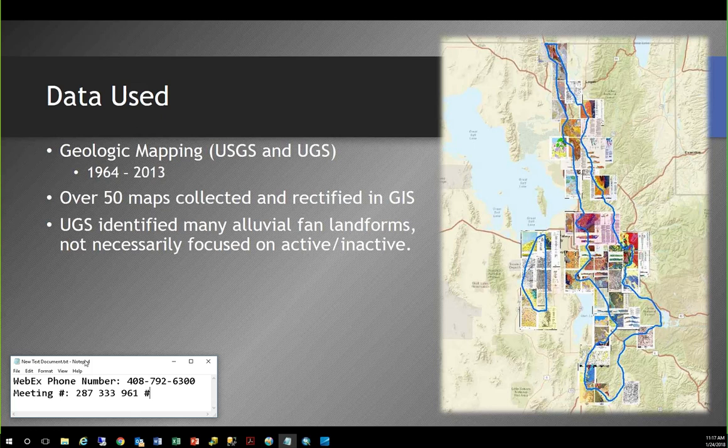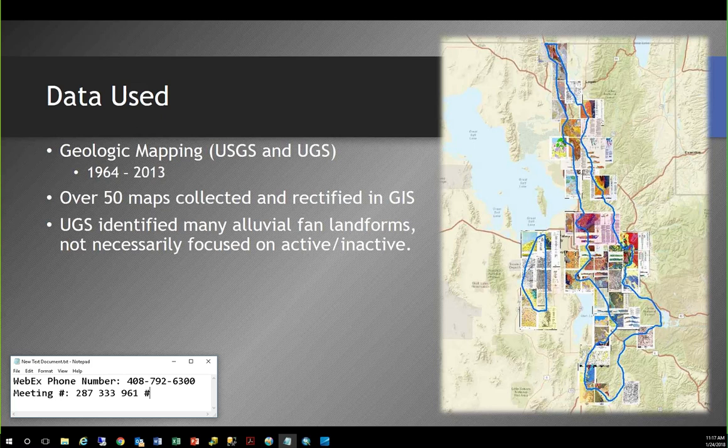Some are more detailed than others, which was really helpful, but some areas just aren't quite as detailed. So we collected over 50 maps. Some of them were already geo-rectified for GIS, and some that were rectified weren't rectified correctly. We noticed there was some shifting, so we had to make some alterations. But a lot of them were not rectified, so we did that.